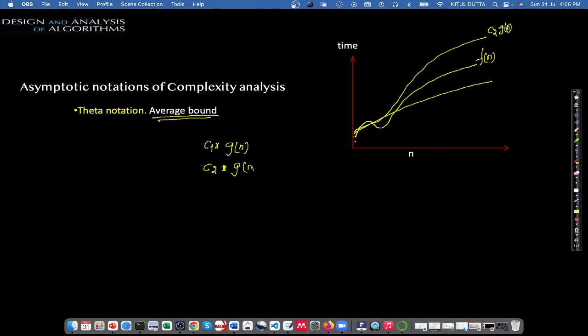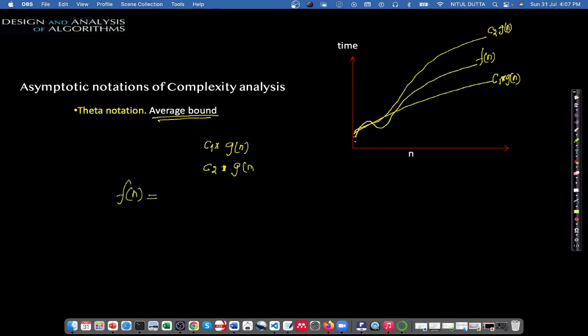and this is c1 into g(n). g(n) is said to be the average bound or average time bound for the algorithm under consideration.